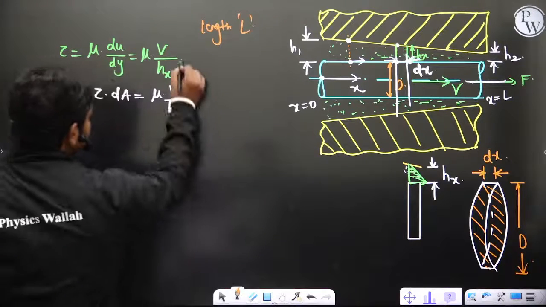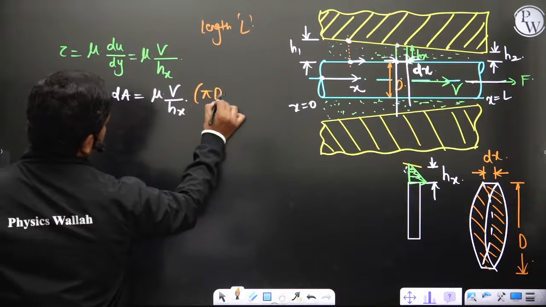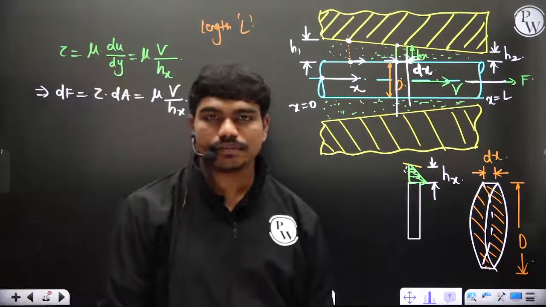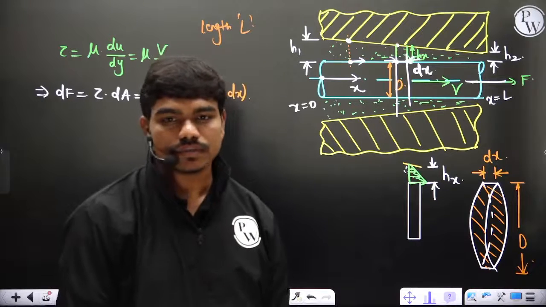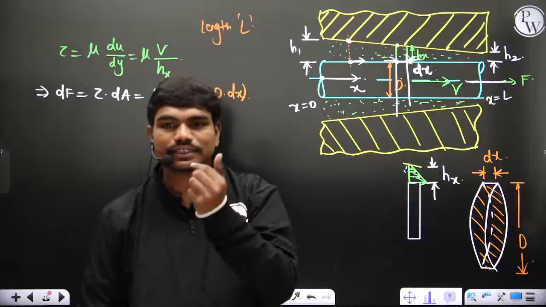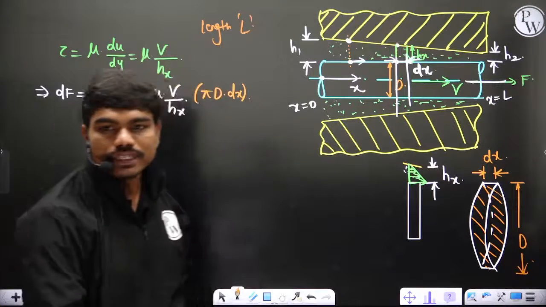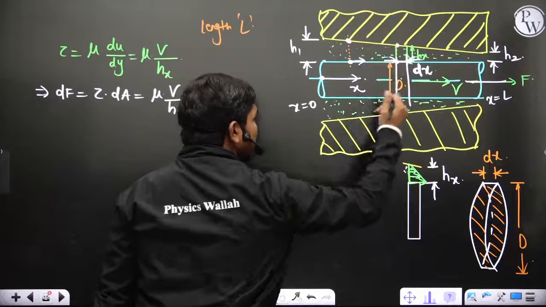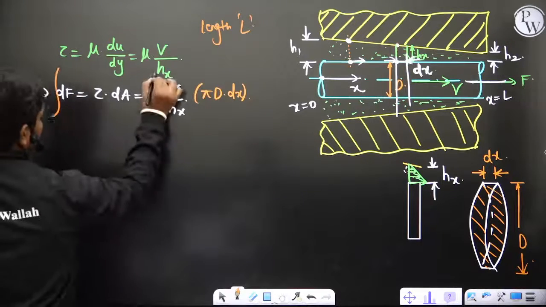Obviously this dA is pi d into dx, because pi d is the circumference multiplied with dx is the area that's coming in contact with the fluid. Now obviously this is the expression for a small amount of viscous force acting here. So if you want the total, you have to integrate this.